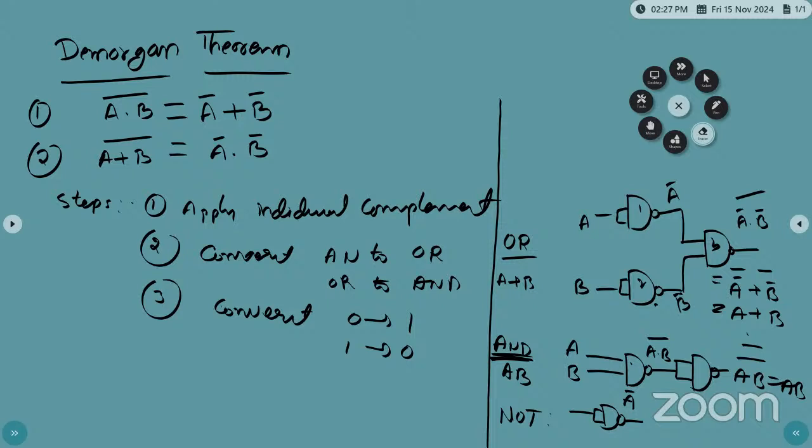If you use two NAND gates, then you will get the original value, the original function. If you use two NAND gates, that acts as a buffer.